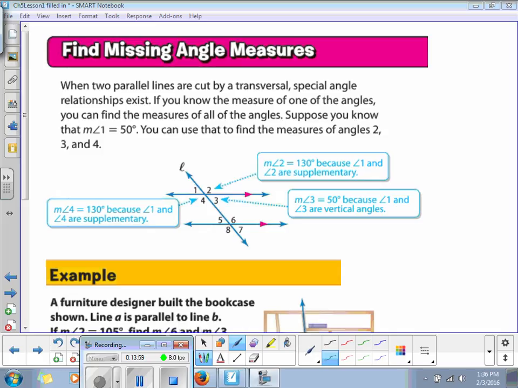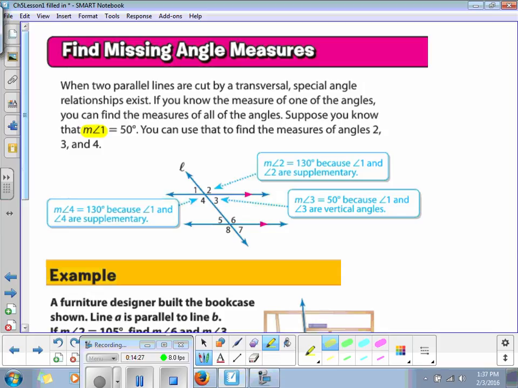When two parallel lines are cut by a transversal, special angle relationships exist. If you know the measure of one of the angles, you can find the measures of all of the angles. If you know one, you can find the measure of all of them. Okay? Suppose you know that the measure of angle 1, so everybody see this?